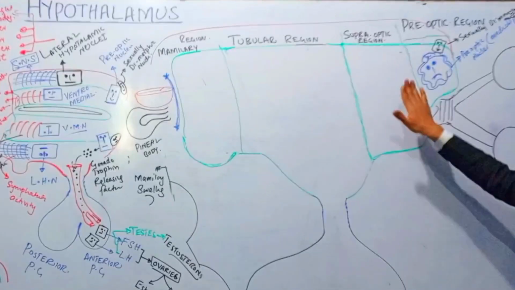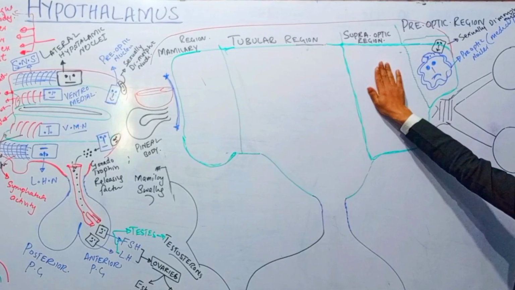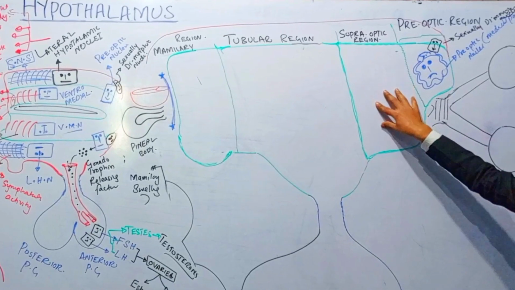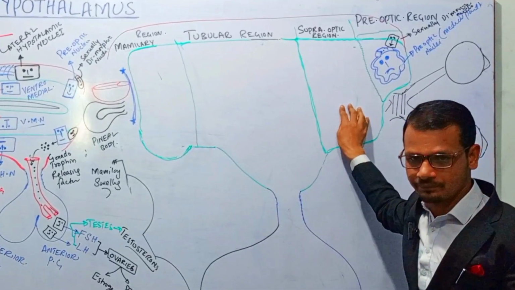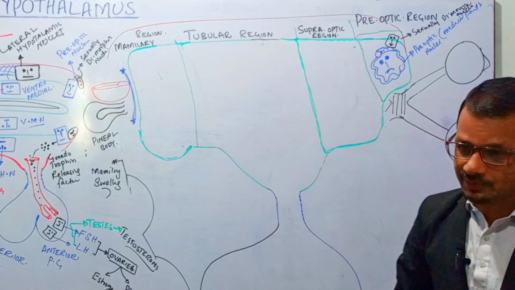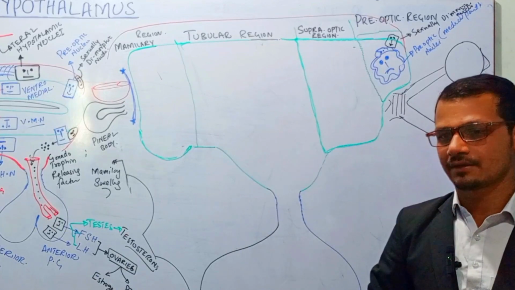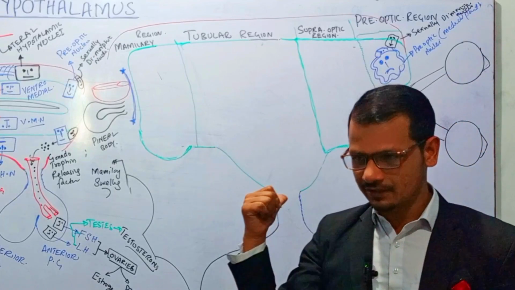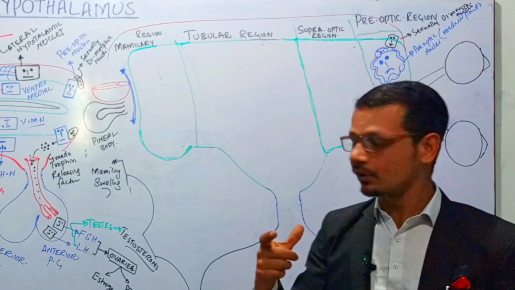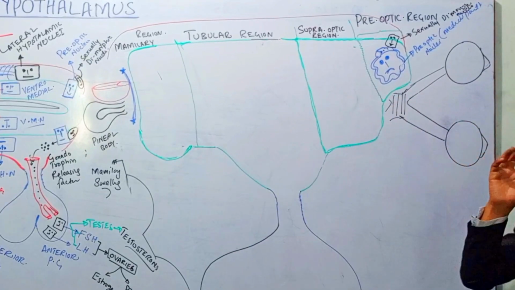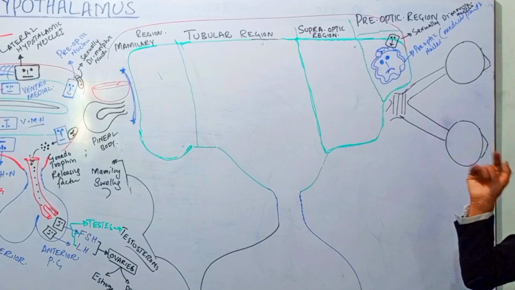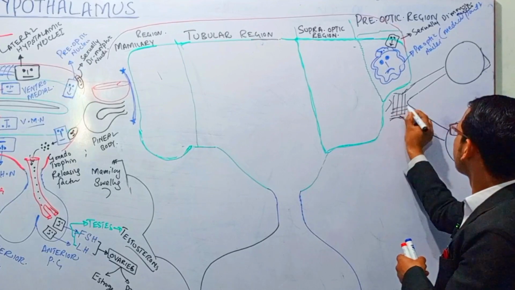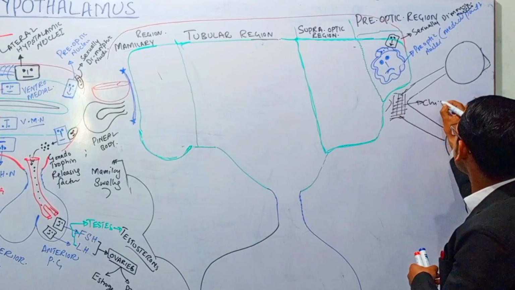Now next, the supraoptic region is a very important area of the hypothalamus. The internal biological clocks are present here. The air conditioning system of the body is present in the supraoptic region, right? The paraventricular area is present here, right? Also, the anterior hypothalamic nuclei are present here, right? For example, this is the chiasma.